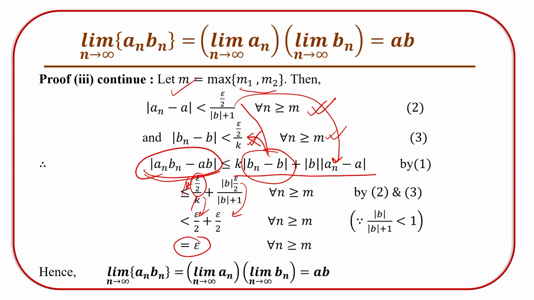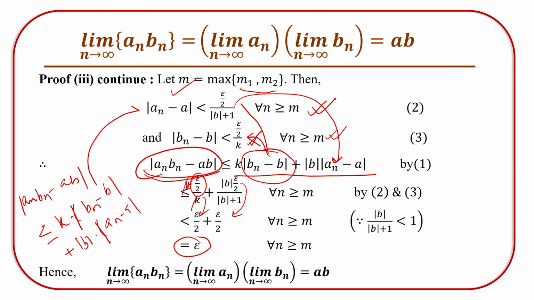Now I will explore this in more detail for your clarity. For a_n b_n minus ab, we have already calculated k into |b_n - b| plus |b| into |a_n - a|. Using the definition of limit of sequences a_n and b_n, I have chosen epsilon in such a way that it is epsilon by 2 and epsilon by 2.